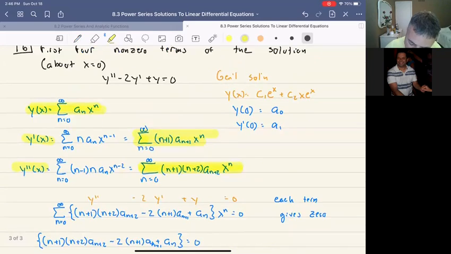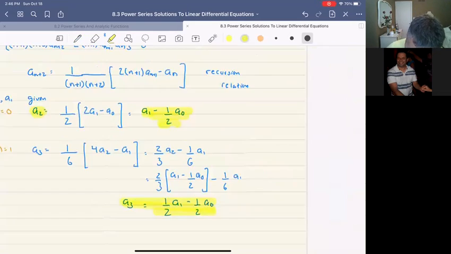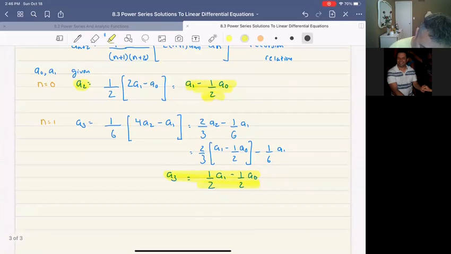It asks for the first 4 non-zero terms, so I think that's going to give us enough. Let's go ahead and write it down. So our solution, y of x, is going to be, now I'm going to actually split it up into a0 and a1 terms.